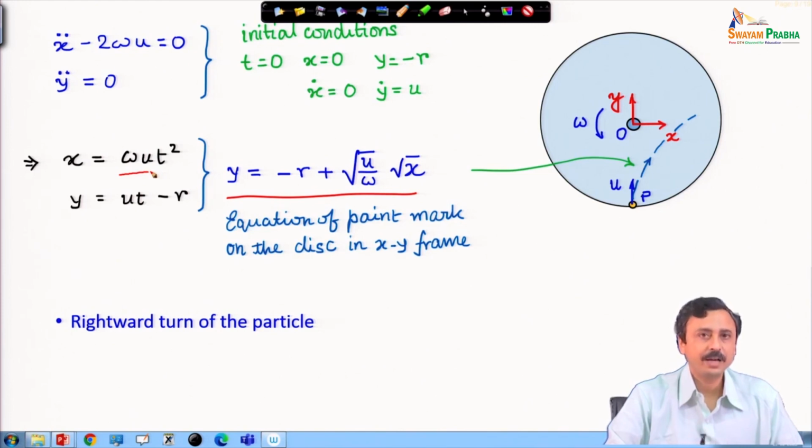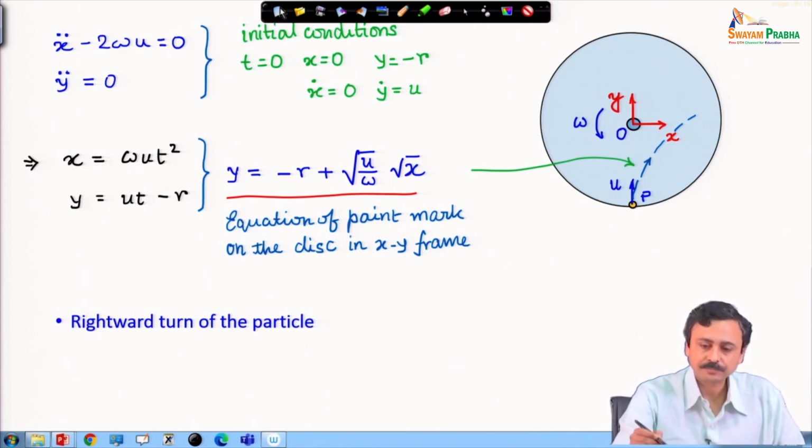Y does not involve omega here in the approximate solution. Therefore, this particle is going to curve to the left if omega direction is changed. So, if it is a counterclockwise rotation as seen from the top, the particle will veer to the right. If it is clockwise, it will veer to the left, just opposite.